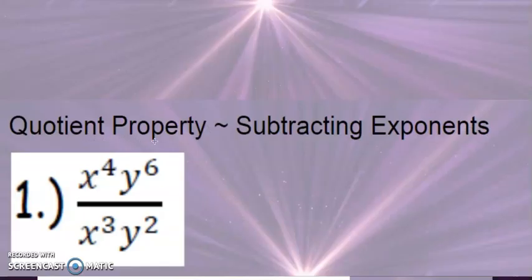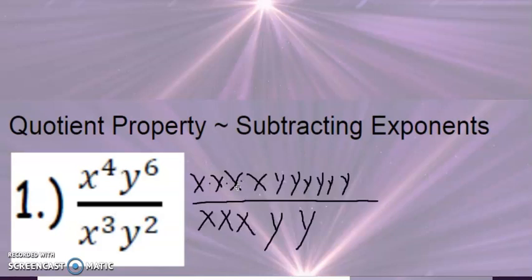Let's talk about the quotient property, subtracting exponents. So we have x to the fourth times x times y to the sixth power all over x cubed times y squared. Well, first we can expand these so you can get a visualization of what we're about to do. So after we expand it, we have 4 x's at the top and 6 y's at the top. At the bottom, we have 3 x's and 2 y's.